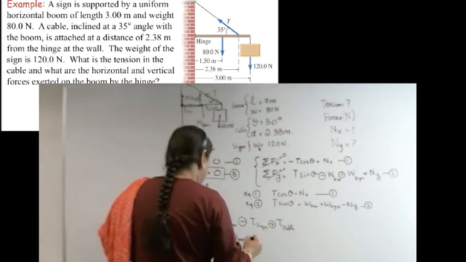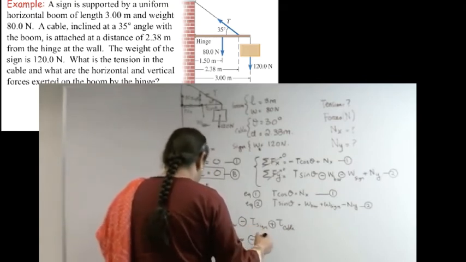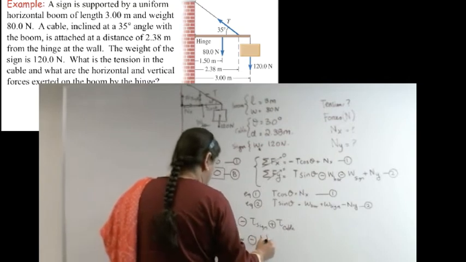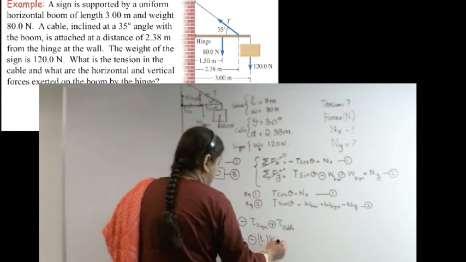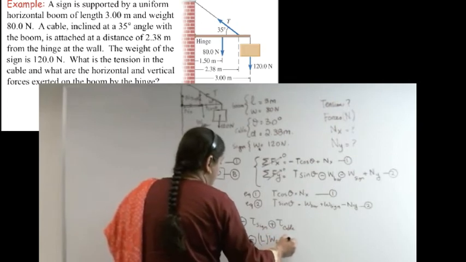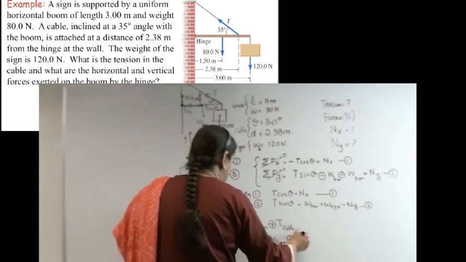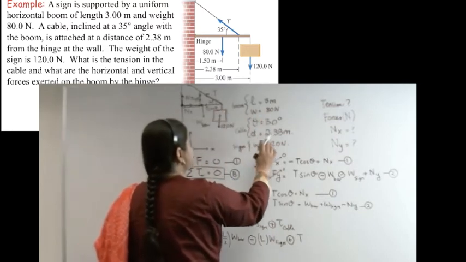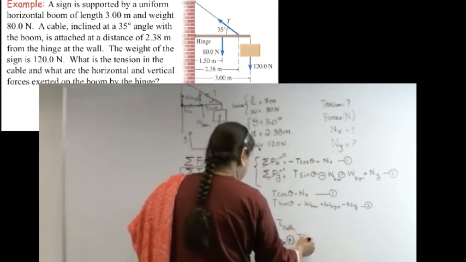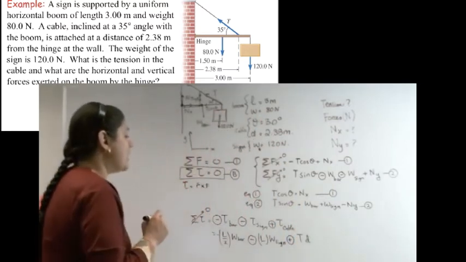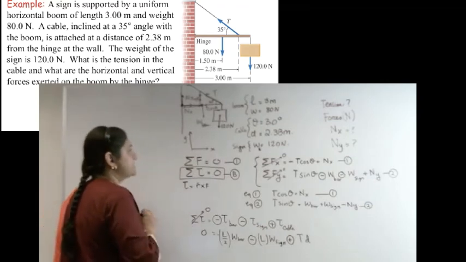Minus, for the sign, it is going to be the total length times the weight of the sign. Plus the tension in the cable and the distance that it gives me. All of these are going to be equal to 0.